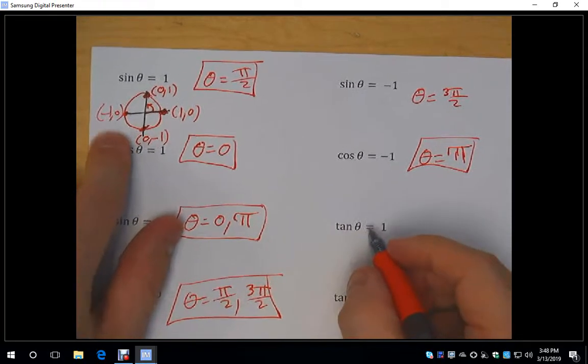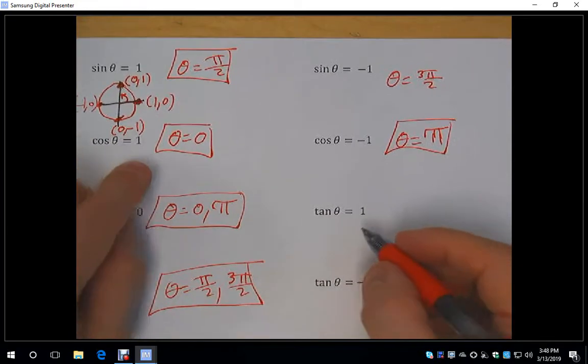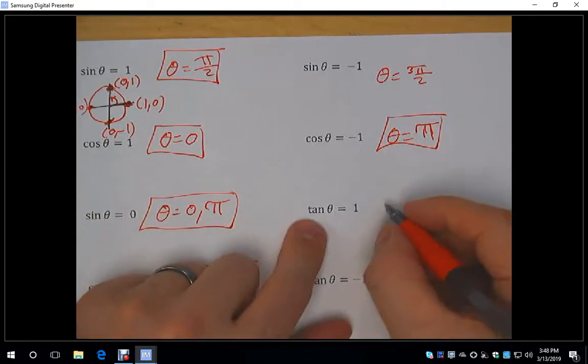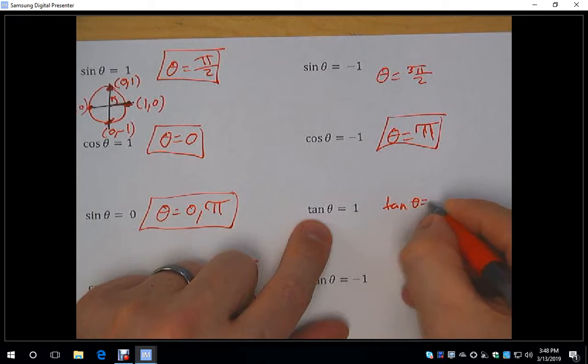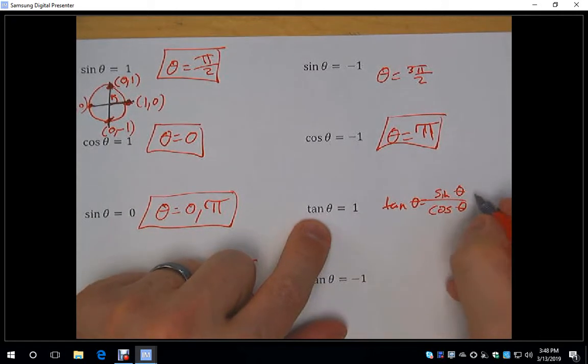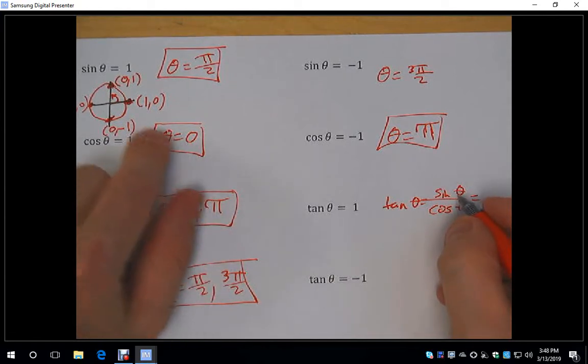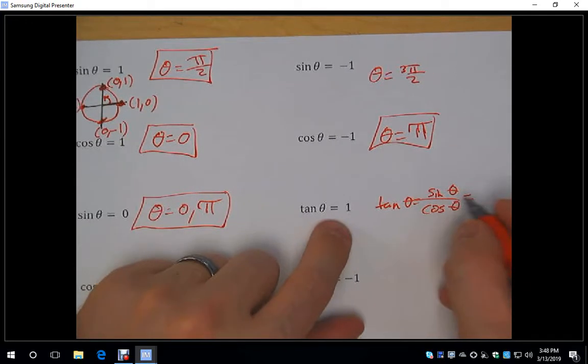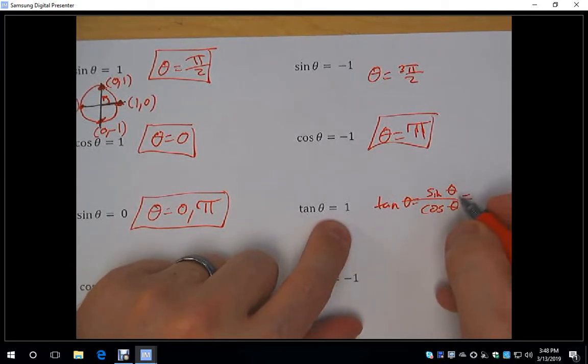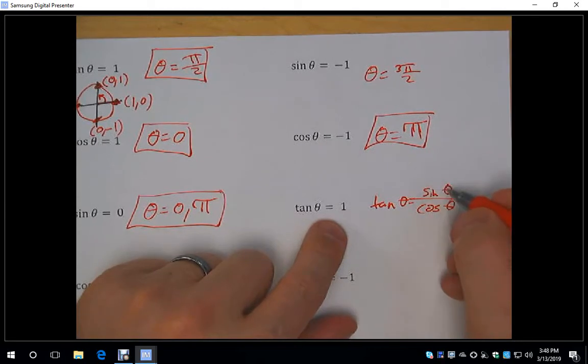All right, tangent. This one gets a little bit more complicated. If you recall, tangent of theta equals sine theta over cosine theta. Where are we going to get 1? That means that whatever sine of theta is, it equals the same thing as cosine theta, so the numerator and denominator cancel each other out and we get 1.